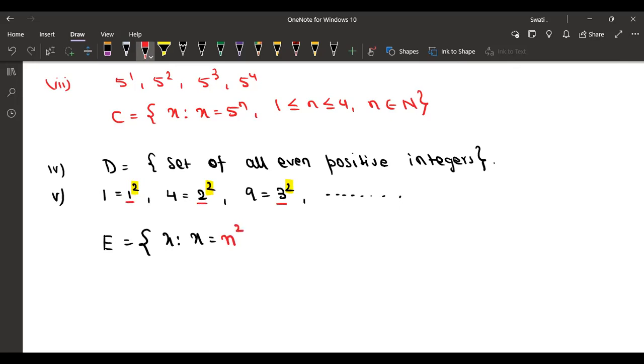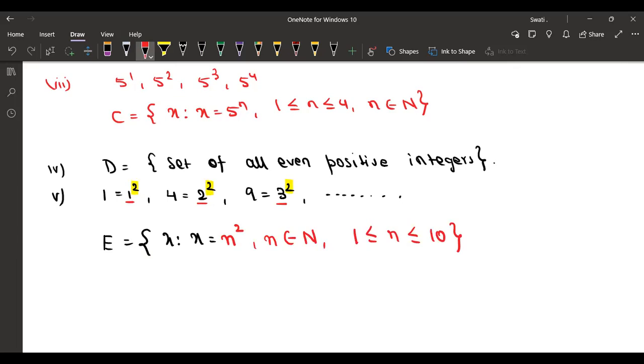So x such that x equals n square, where of course n, the small n, belongs to natural numbers only, and the condition for this n is simply that n is 1 and then less than or equal to 10.